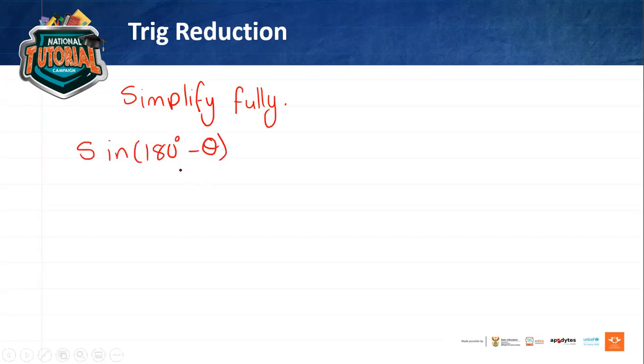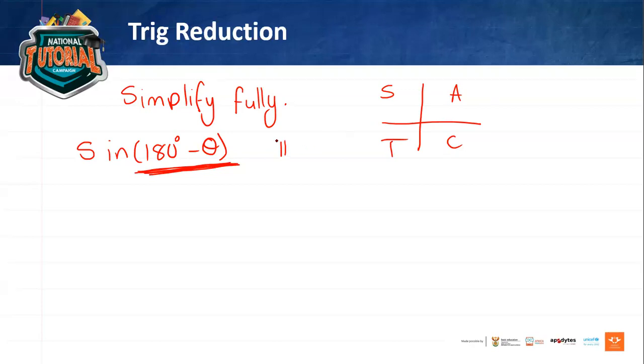Now this is a basic one, we've just talked about it, but the way you would go through answering a question like this is by first drawing a little cast diagram for yourself. Remember we start with C in quadrant 4. Then we have to identify which quadrant this angle is talking about. So an angle of 180 degrees minus theta is talking about quadrant 2 in our cast diagram.